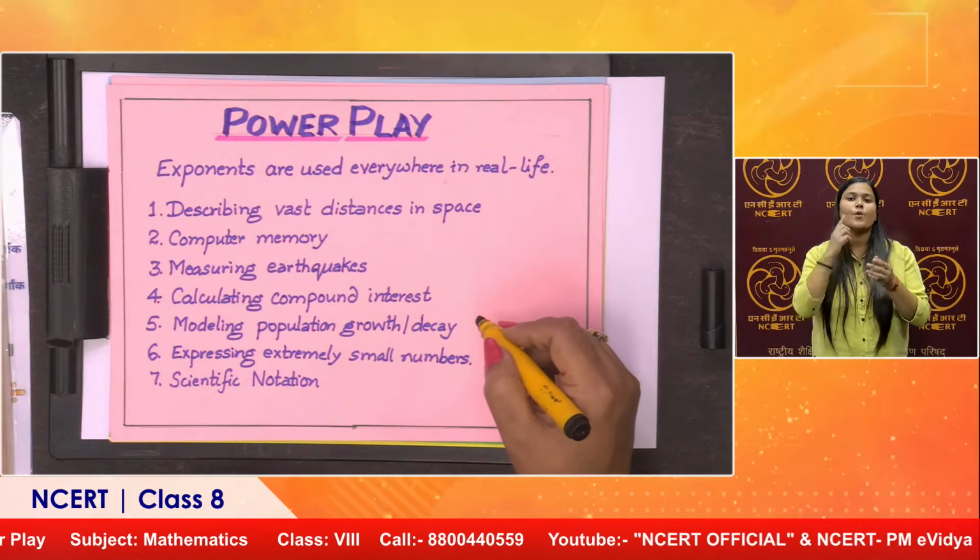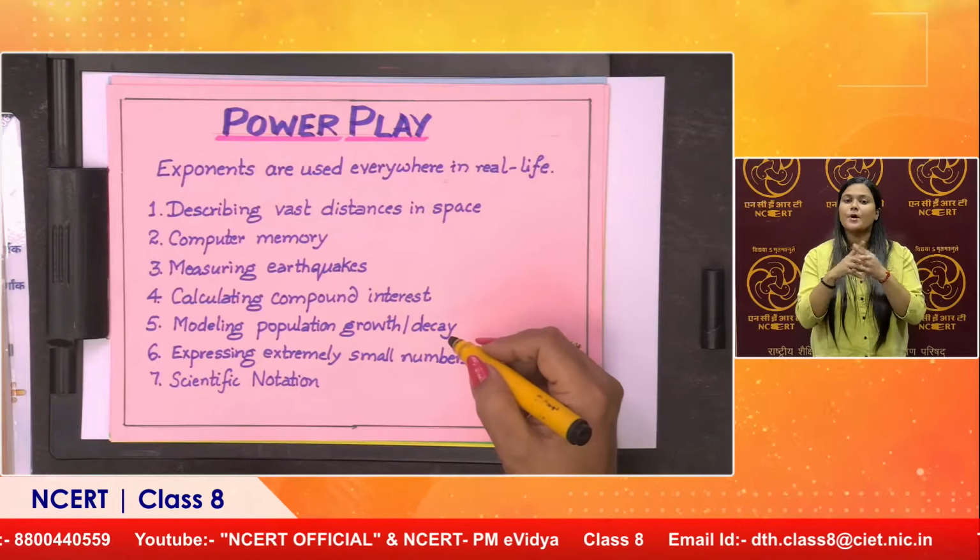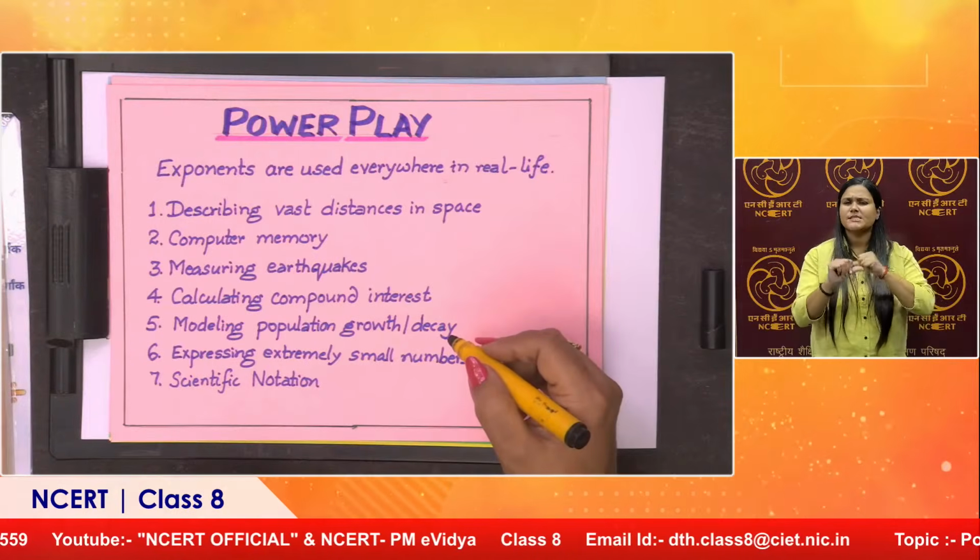We can't express them with the help of bigger numbers, so we have to represent them with negative powers. We will learn that today, and we also use them for scientific notation, children. Scientists use all this to represent large numbers and even small numbers.